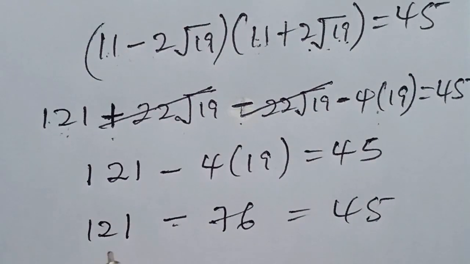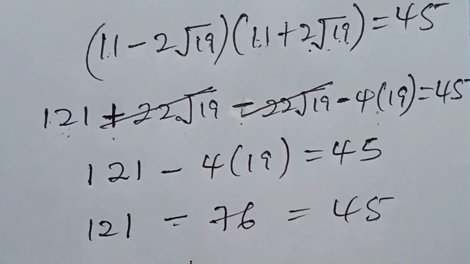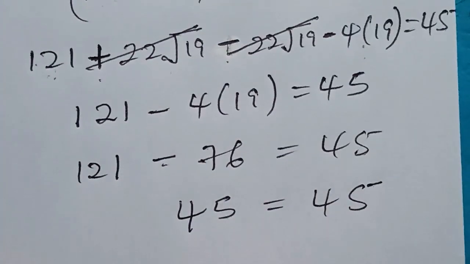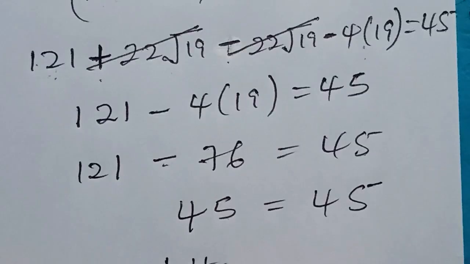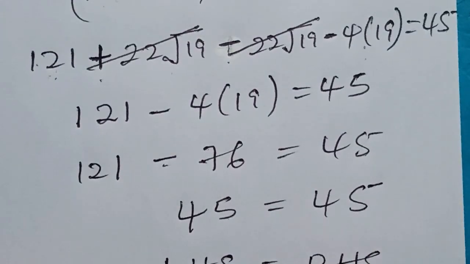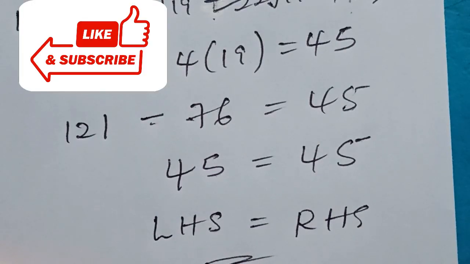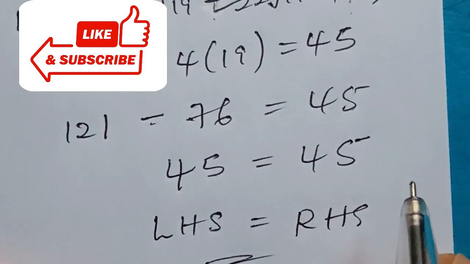So we now have 121 minus 76, which is equal to 45, which proves the left hand side LHS equal to RHS, that our expression is verified for the two values of a and b.